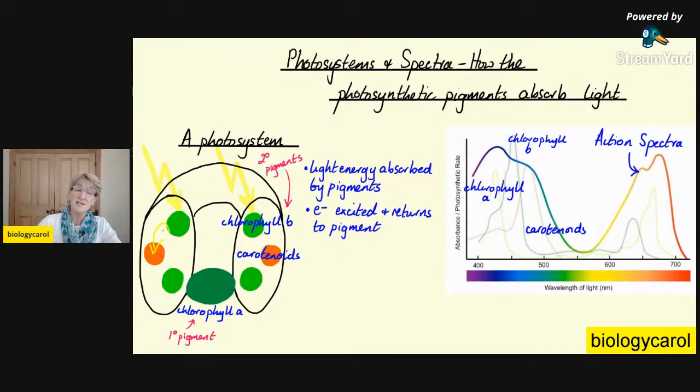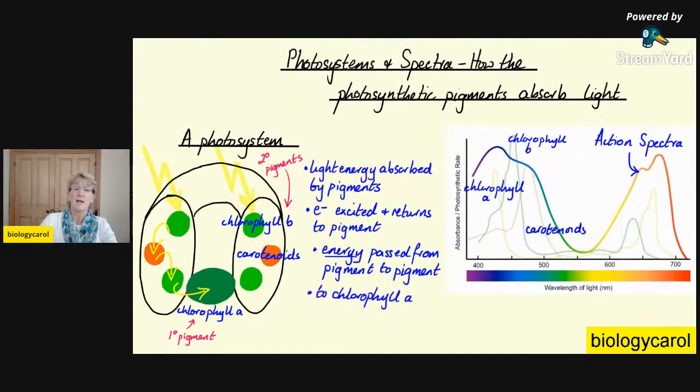And this is how the transfer of energy, notice it's not the transfer of electrons, it's the transfer of energy, passes down these secondary pigments, and the energy is funneled in to chlorophyll A, the primary pigment or the reaction center. So notice energy is passed from pigment to pigment, not electrons, and it goes down to chlorophyll A.